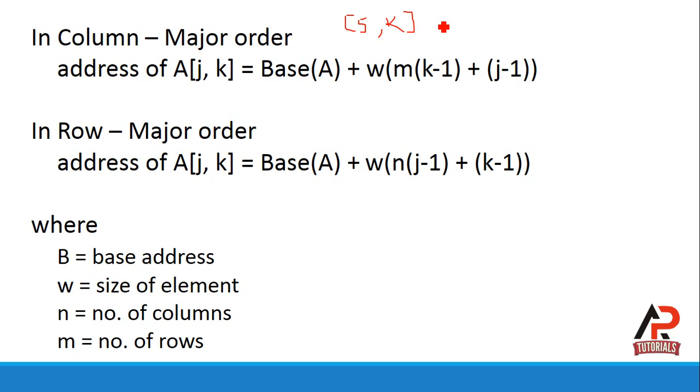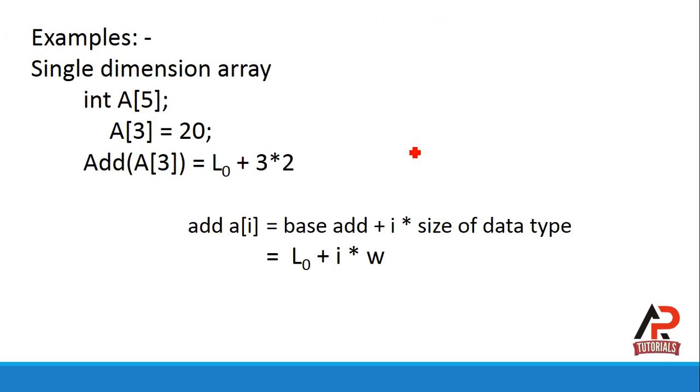So base A plus W(M(k minus 1) plus (j minus 1)) in column major order, and base A plus W(N(j minus 1) plus (k minus 1)) in row major order. In this example, L0 is the base address.